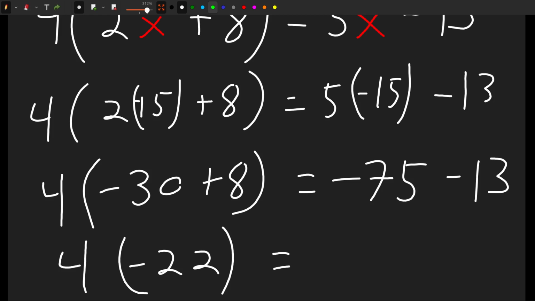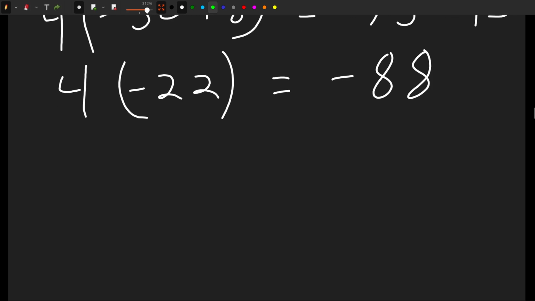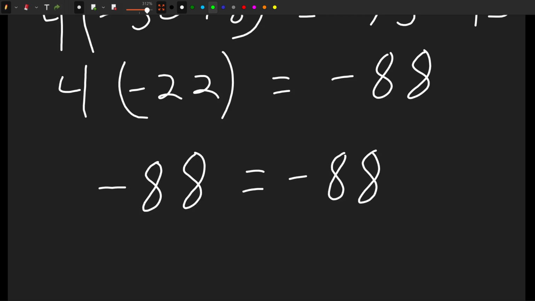On the right-hand side, negative 75 minus 13 gives me negative 88. And 4 times negative 22 is indeed negative 88, is equal to negative 88. And that is my answer. So x equals negative 15 is correct.